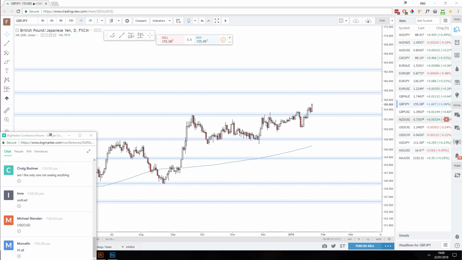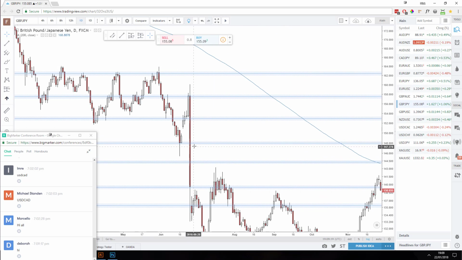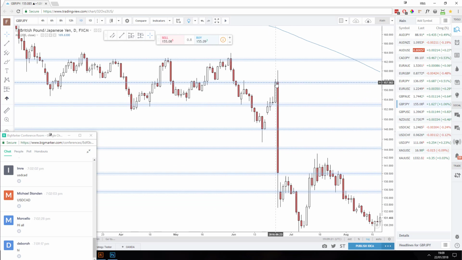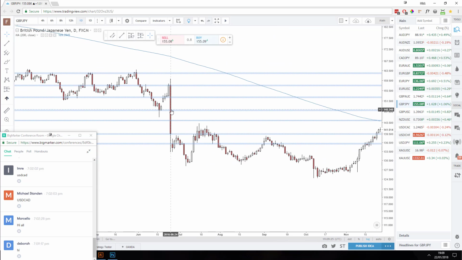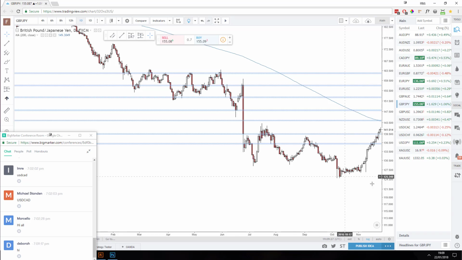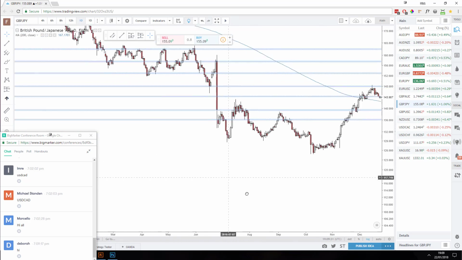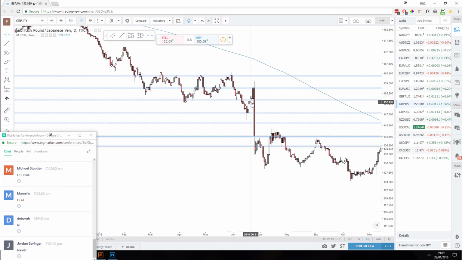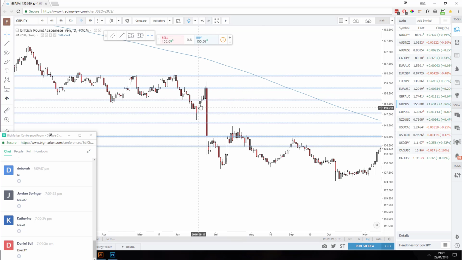Now I know I just placed this resistance area, but it is a strong resistance area. I mean, this high here, does anyone know when this was? This big move down here? It was a while ago. I'm not saying what date it was, what caused this. Yeah, that's right, Brexit. It was caused by Brexit. So we got this spike up before Brexit, and then it just came crashing down.